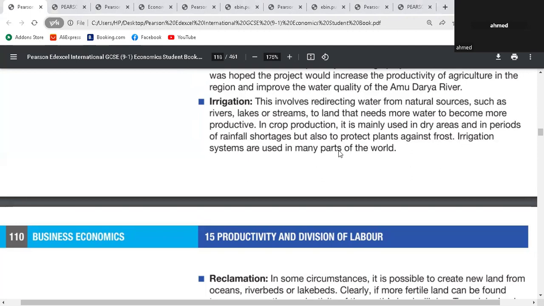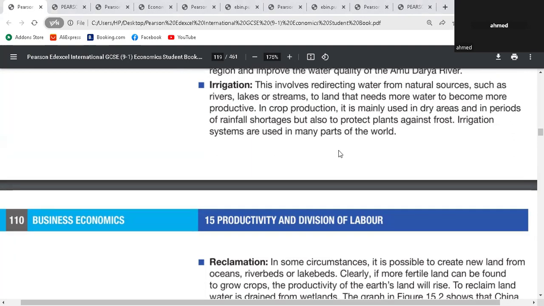Okay, so instead of the deserts continuing to be wasted, we can plant on those desert lands. What do we have to do? We have to transport water there. So the process of transporting water to those areas that lack water is called irrigation. Is it clear? It's clear.